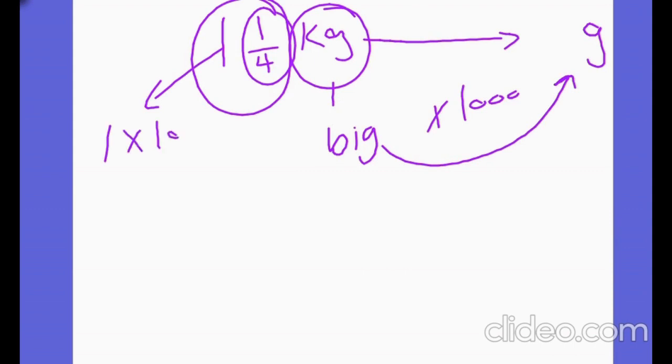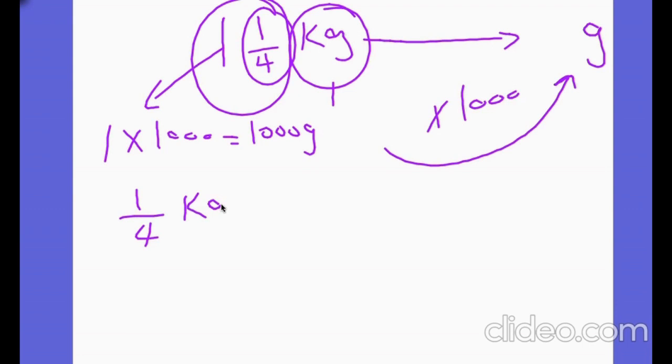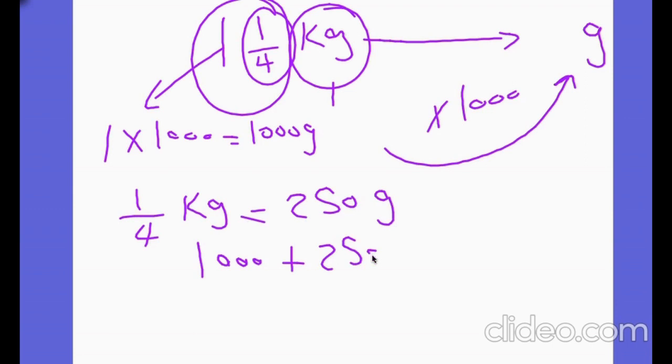I will take the whole number and multiply it with 1000, which equals 1000 gram. Then 1/4 kilogram means 250 gram. Now add 1000 gram plus 250 grams equals 1250 gram.